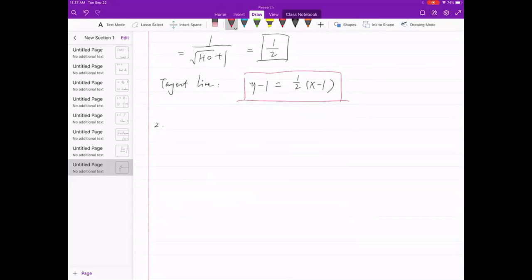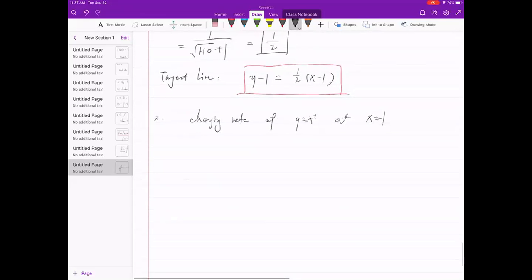Now let's talk about the second case. I'm going to ask you, what's the changing rate of y equals x at x equal to 1? Let's do it.